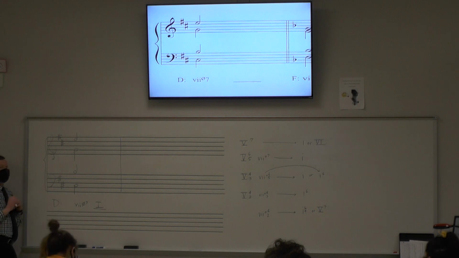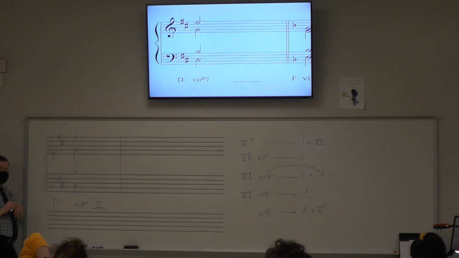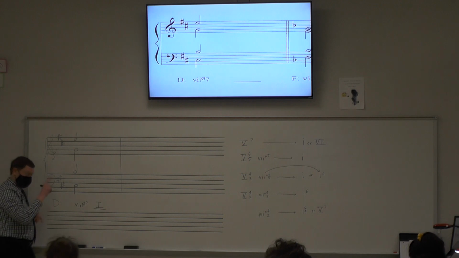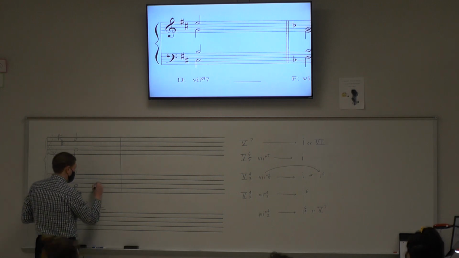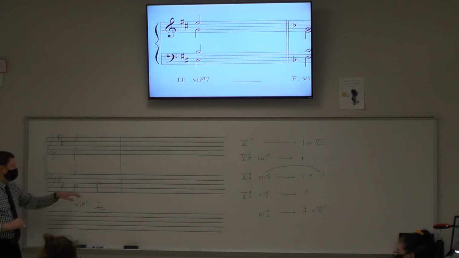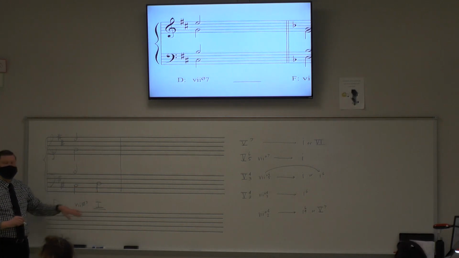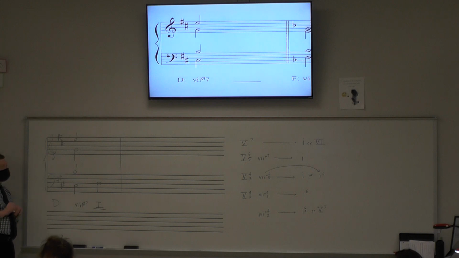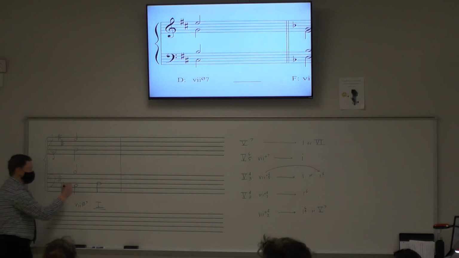Can you name one of them? The C sharp in the bass. Okay, the C sharp, that's the leading tone of the key, so where does it have to go? Up, that's right. Good, because that's the note I want in the bass for root position I.